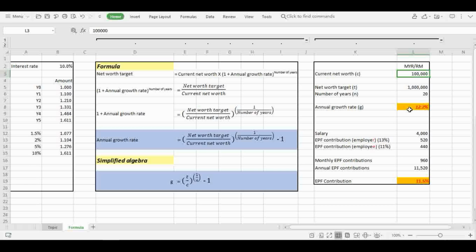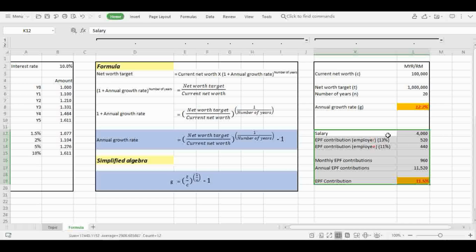So here I have another illustration down here, whereby what I'm trying to illustrate to you is, as an employee in Malaysia, we have the EPF contributions that actually help us in accumulating our net worth over the years, and this amount will be used upon retirement. So here we go.